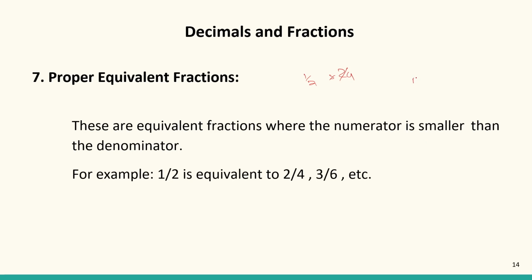If p is less than q and p by q is equal to r by s and r is less than s, where q and s are not equal to 0, and you know the reason why, then we say that this is a proper equivalent fraction.